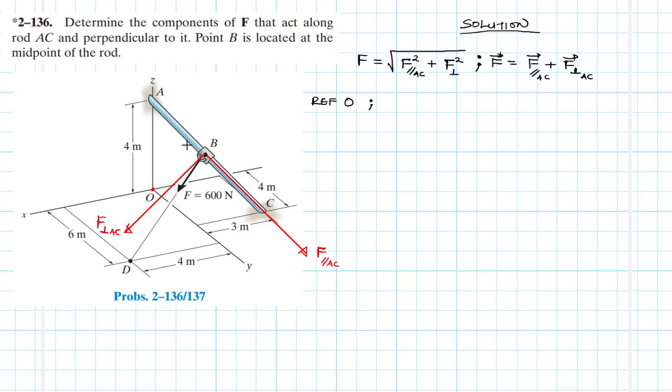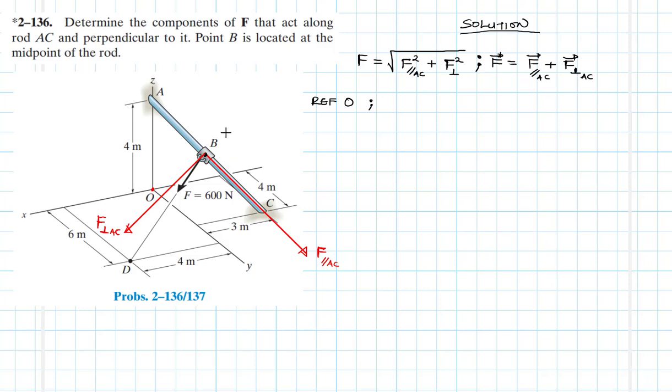And with a position vector along AC, we can do the dot product so that we find the component that is along AC.